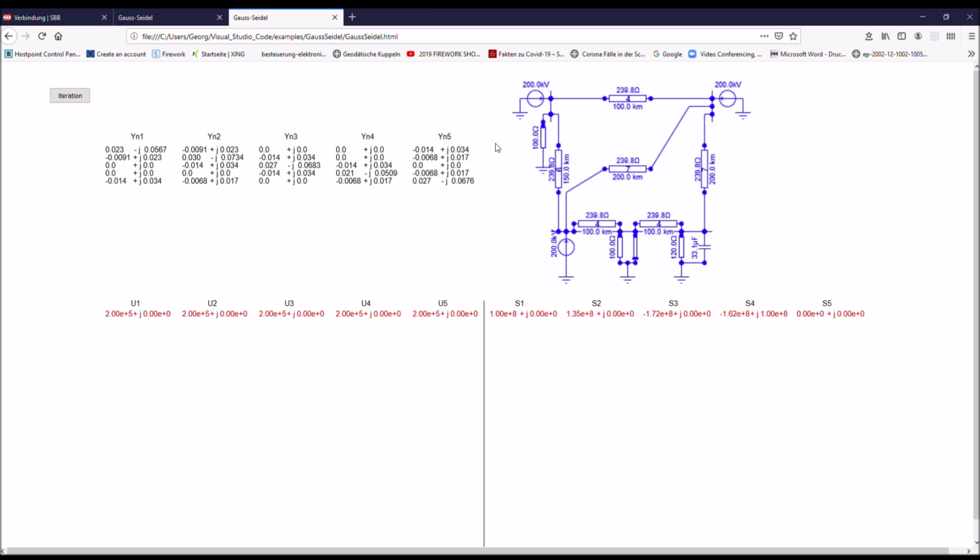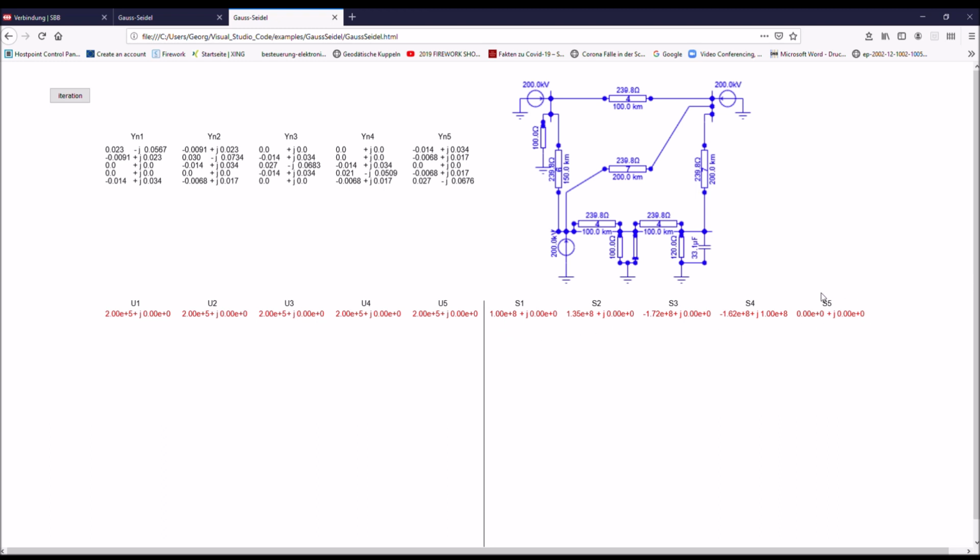I have used now this network, which I was talking about all the time before. The first thing I had to do is that I developed this nodal admittance matrix. This was what you can see here. I mean, this alone is already quite an exercise. The second thing is that I have defined the values of the apparent power. This is what you can see here.